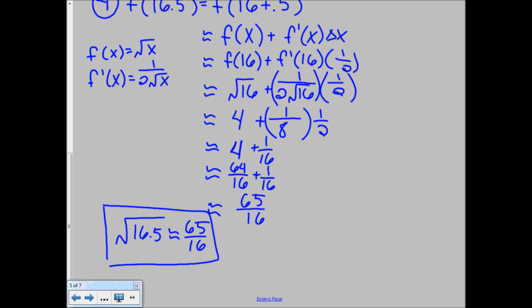Now something else we can use differentials for is to approximate the error of something. So there are 3 different types of error that we can estimate using differentials. The first is called the propagated error, which is just delta y. So the propagated error is just the difference between what you actually measure and the value that you should have actually measured, the true measurement versus the measured measurement.